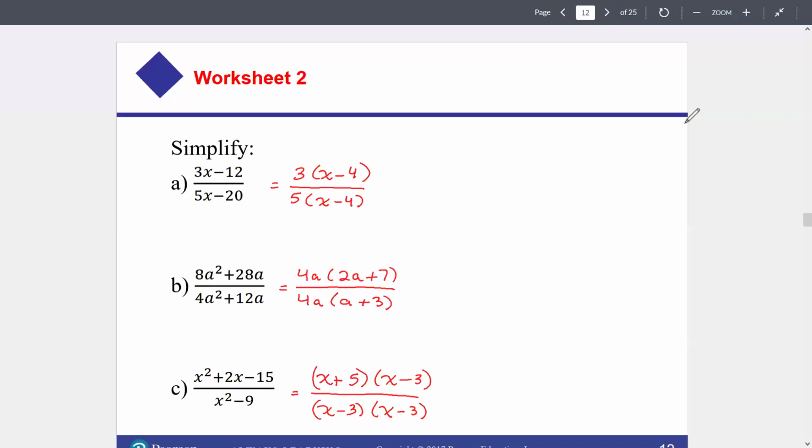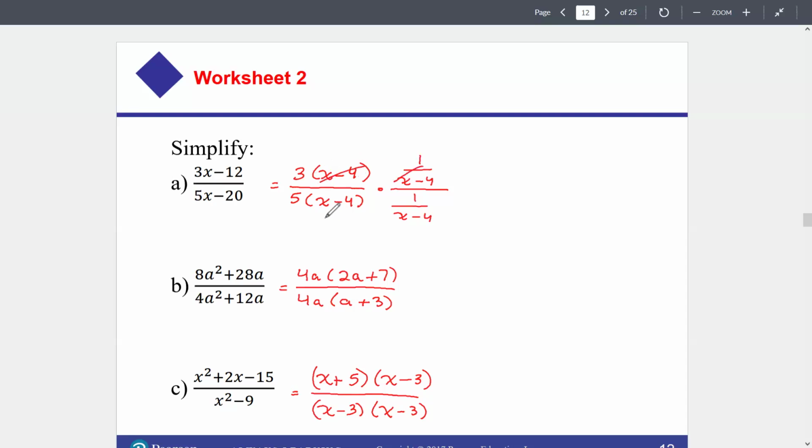All right. So once we get to this point, I just went through and factored all of these. If I factor 3x minus 12 divided by 5x minus 20, that is just 3 times x minus 4 divided by 5 times x minus 4. So we have this x minus 4 here and here. Once again, I could take the top and divide it by x minus 4, and the bottom divide by that x minus 4.